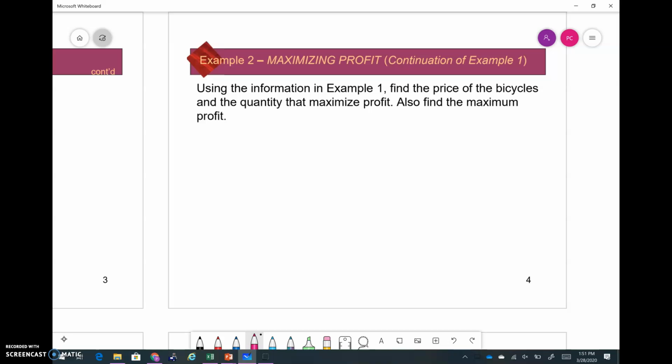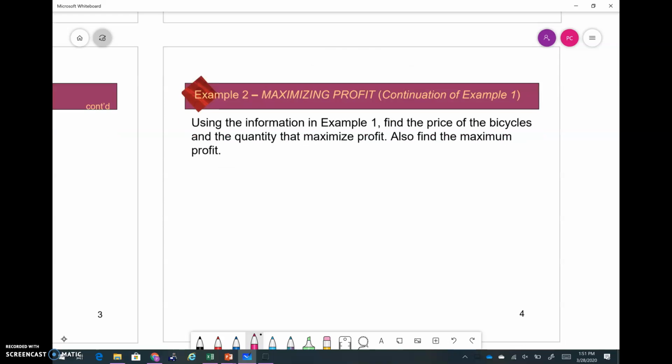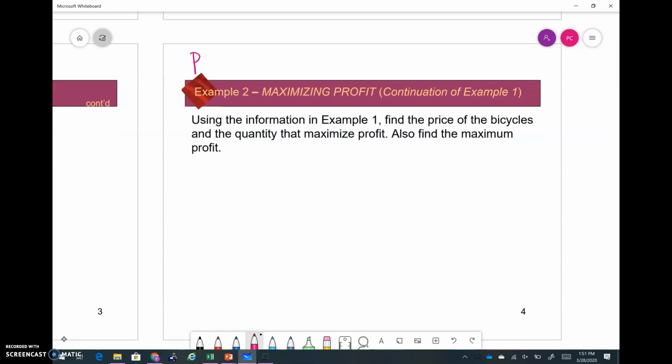Example 2 says, using the information in example 1, find the price of the bicycles and the quantity that maximize the profit. We also need to find that maximum profit. So recall that your profit function is your revenue function minus your cost function.